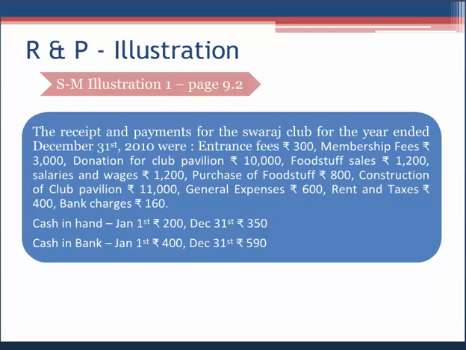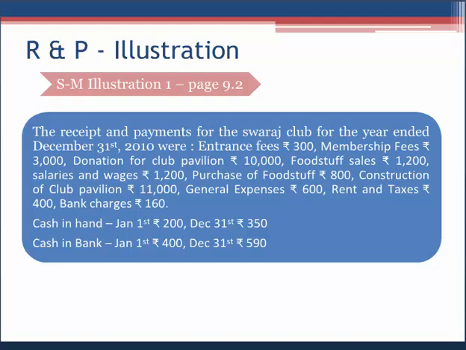Cash in hand on 1st Jan is 200 and on 31st December is 350, whereas the cash at bank on 1st Jan is 400 and on 31st December is 590. Are we clear, guys?